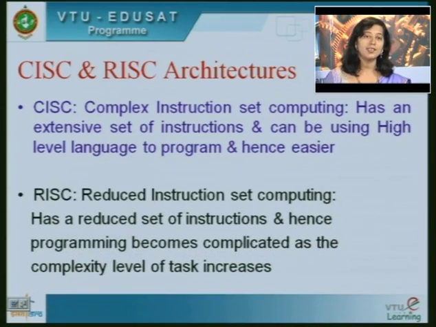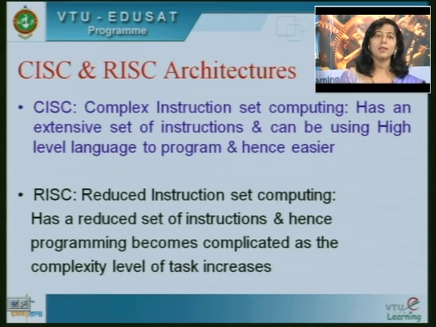Usually microprocessors will have this CISC architecture, whereas the RISC architecture, as the name indicates, is reduced instruction set computing, and microcontrollers will normally have this reduced instruction set, mainly because we are trying to minimize the device, we are trying to give specific functionality to the device.